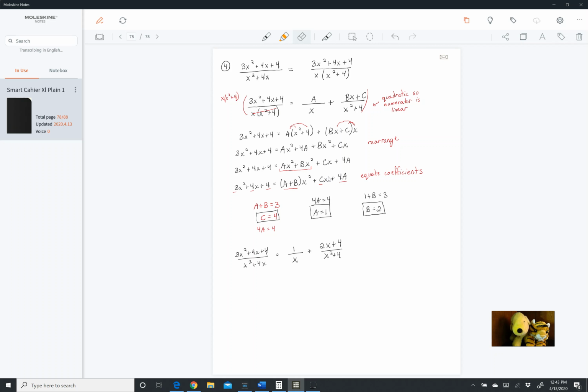So in the future ones, let's not solve for the constants. Okay? So we're not solving for the constants anymore. We're just doing denominators.